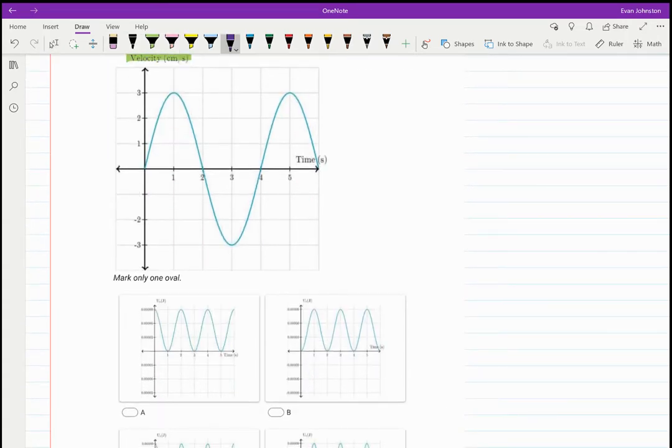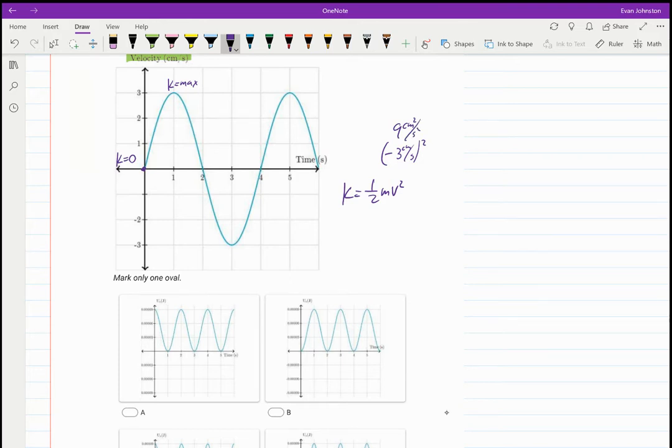So again, looking at this, I see that if there's zero velocity here, it has to have zero kinetic energy. So K is 0 here. And then if we're at our max velocity, well, our kinetic energy is whatever this max value is. And then here, our velocity is negative, but since kinetic energy is 1/2 mv squared, even if v is negative 3 centimeters per second, and I square that, I'm still going to get a positive 9 centimeters squared over second squared.